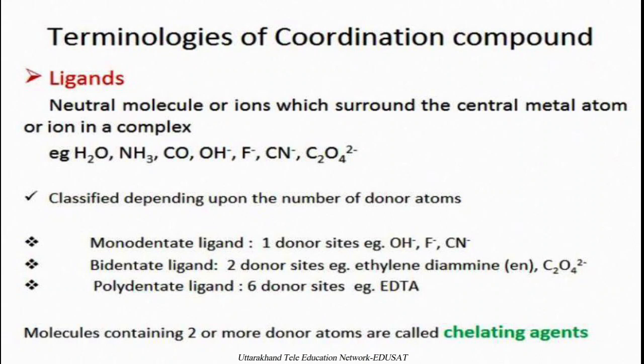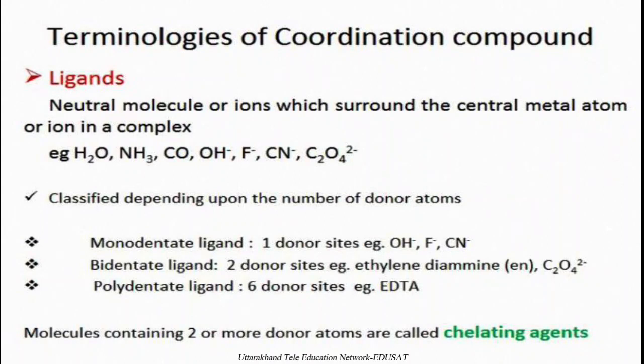The third one is polydentate ligand. A polydentate ligand has two or more donor sites. Poly means more than one, many sites. So in polydentate ligands we have many sites which can donate their lone pairs of electrons or bonding pairs of electrons to the central metal atom present in the centrally located position.